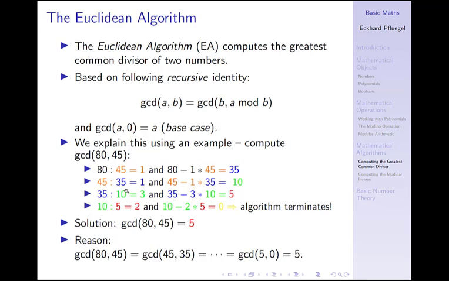It will be surprisingly quick in terms of the number of steps you have to do, even if you're working on 4-digit numbers. And if you implement it in a computer, it will be very efficient even for really big numbers, whereas you wouldn't be able to do the factorization method from the previous slide. So that's really the main reason why we want to use the Euclidean algorithm to compute the GCD.